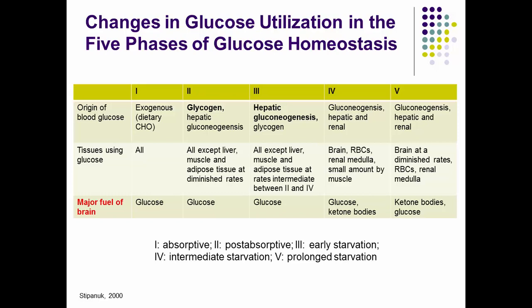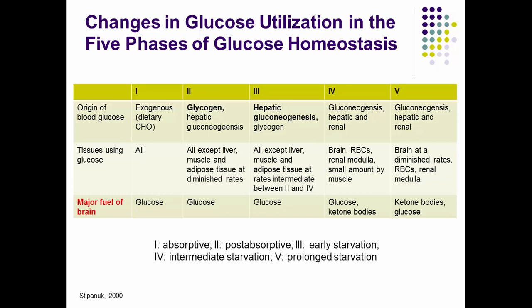And in phase 2, glycogen, and particularly hepatic gluconeogenesis, which produces glucose, are the major sources of glucose, particularly for the brain, right? For the other tissues, the rate of utilization of glucose decreases.